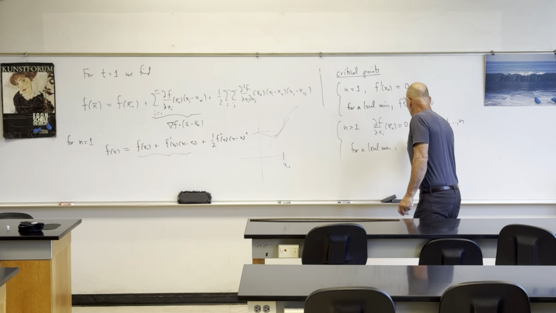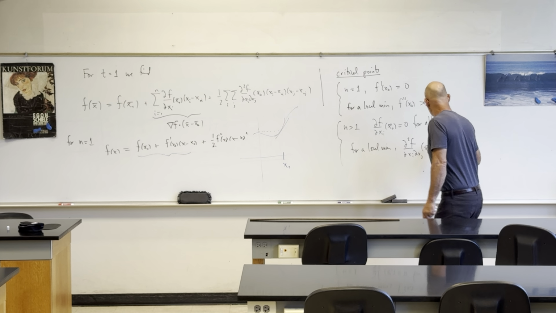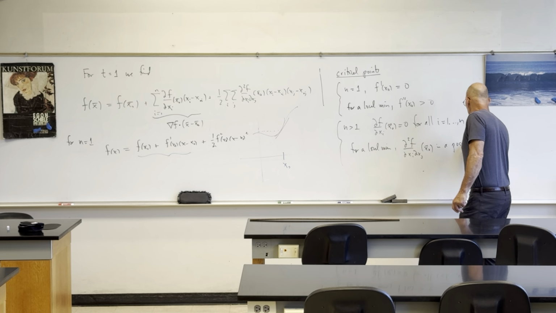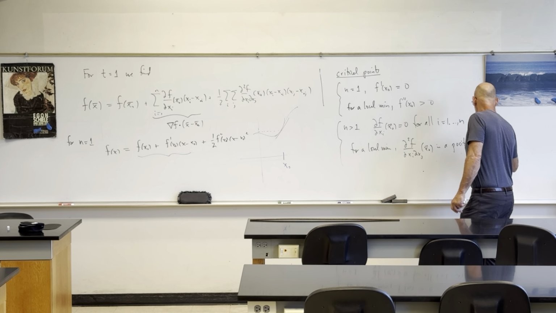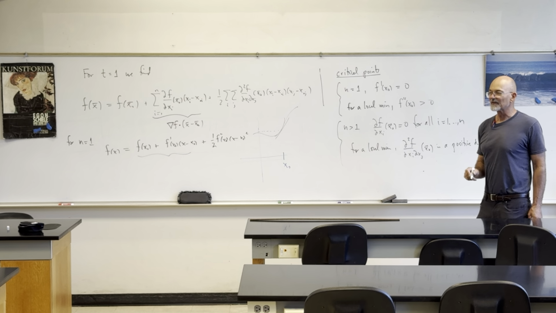Then we need the second partial of f with respect to xi and xj at x0 to be a positive definite matrix. That's called the Hessian matrix sometimes.